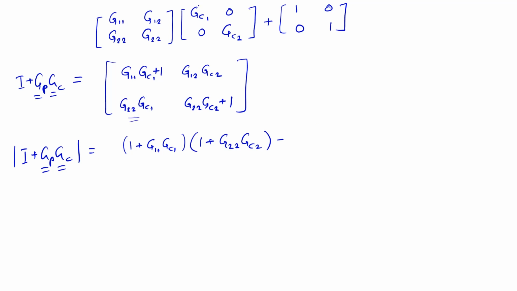G11 times GC1, next is this G11, not G1, okay, this is not G22, this is G21, so this guy will be G21. Yeah, okay, so I made a mistake there.